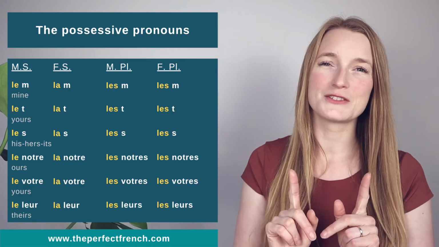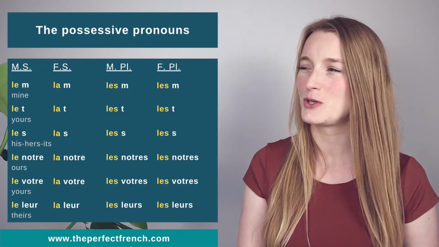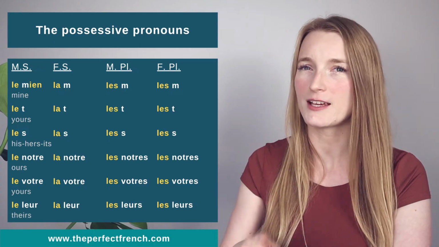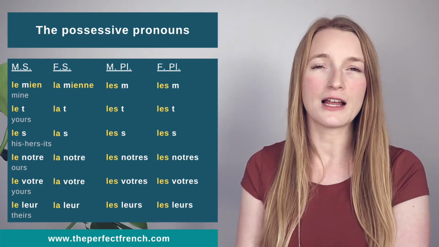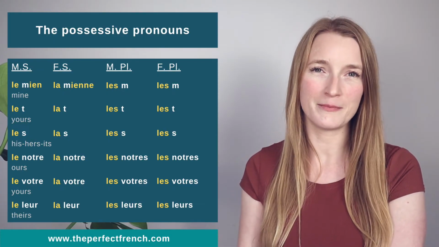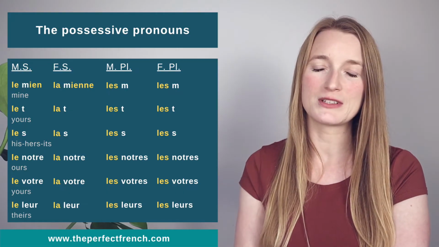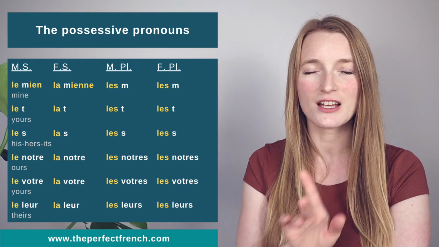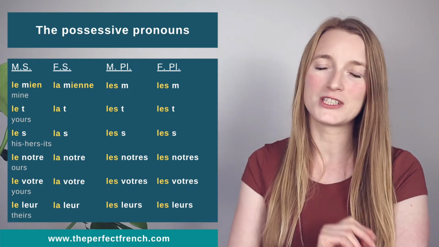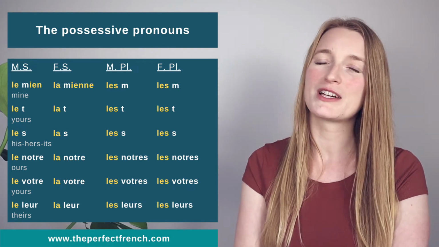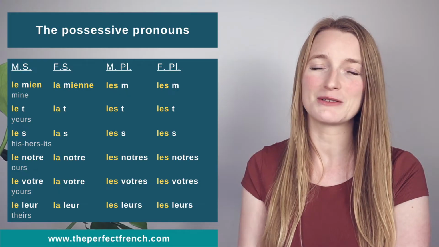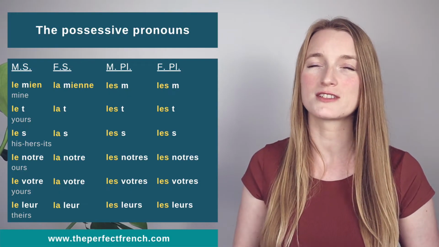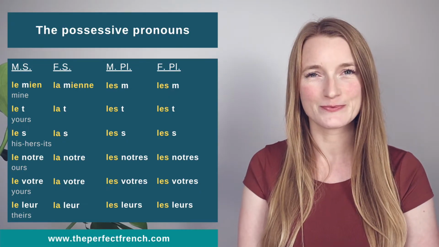So for mine, we are going to have le mien. La mienne. Do you remember that at the beginning of the course, I told you that all the rules related to gender and number were very important and that it was really going to give you a good foundation that you were going to use a lot throughout the course?